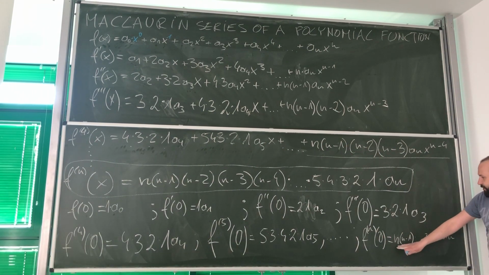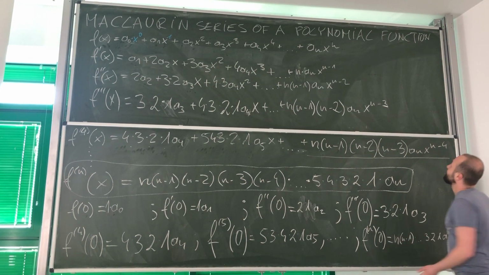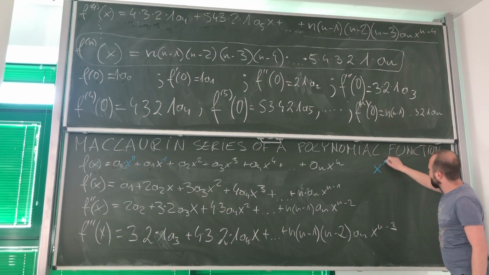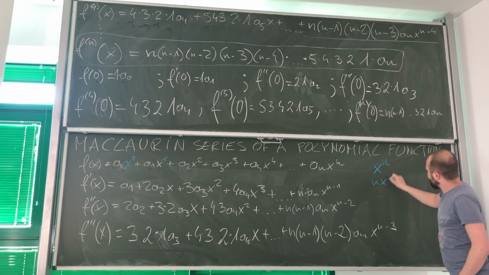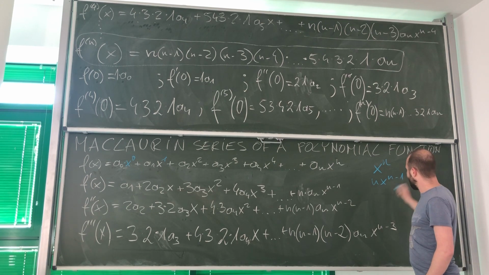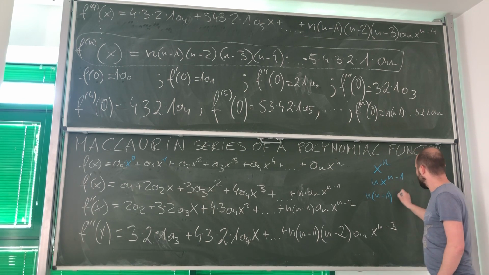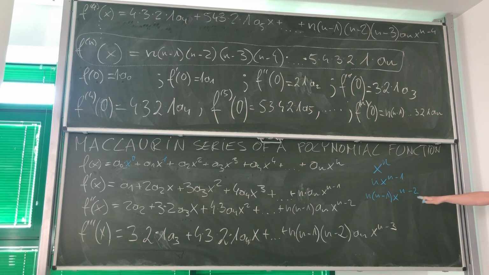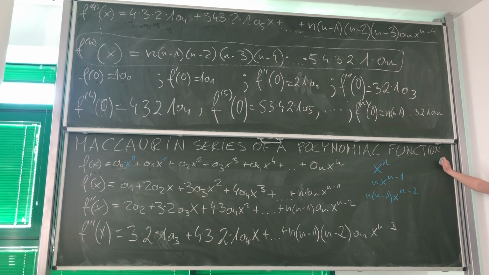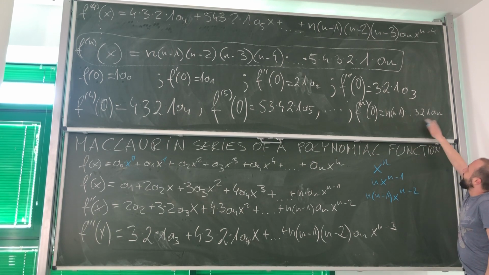Look, if I have variable x to the power of n, when I differentiate this variable, I'm going to get n times x to the power n minus 1. Then, if I differentiate this, n times n minus 1, x n minus 2. And look, if I'm going to be going like this until we ran out of x's to differentiate, we're going to have expression exactly like this.